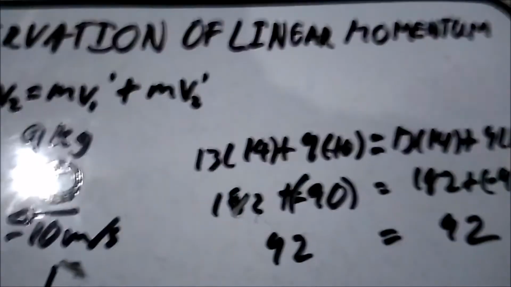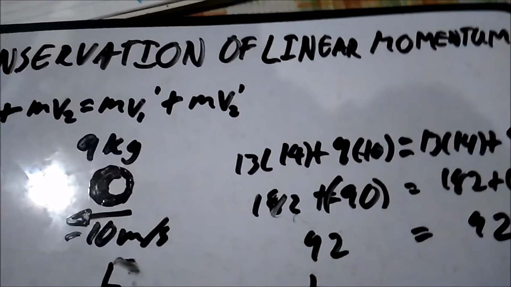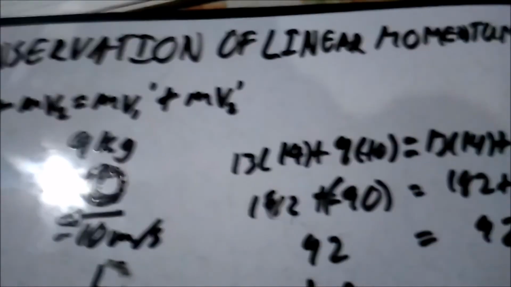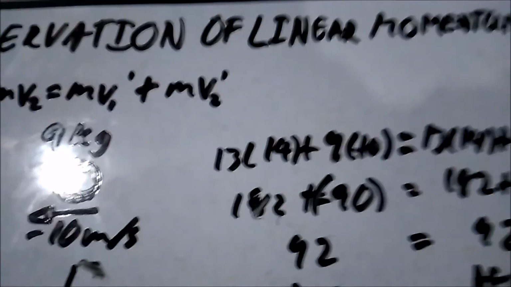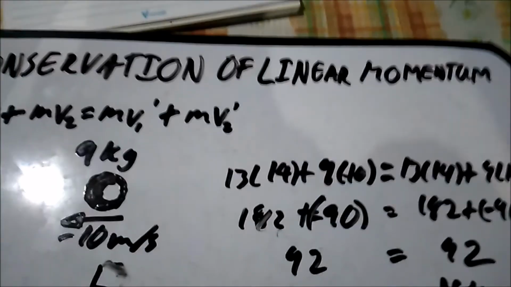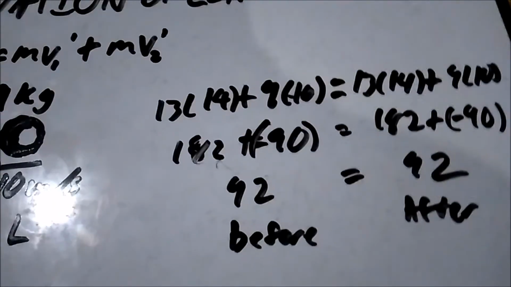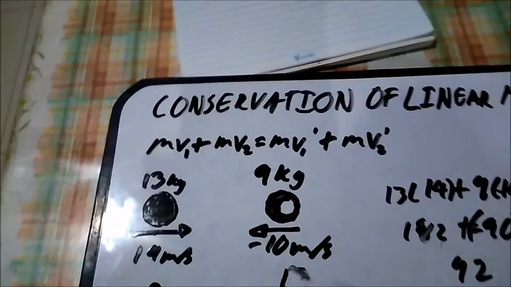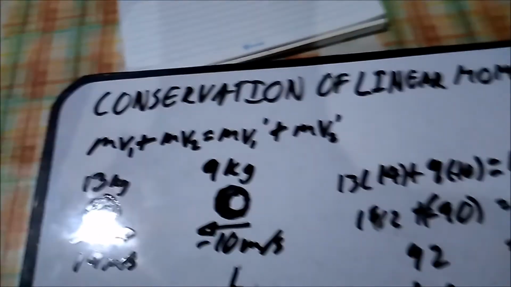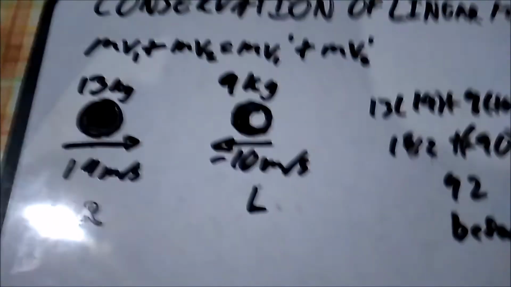As you can see, this is the momentum before the collision, and this is the momentum after the collision. The momentum between them is conserved. That is how conservation of linear momentum works, and this is the first formula for it. Now I'm going to show you a sample problem which will totally show how it is conserved.